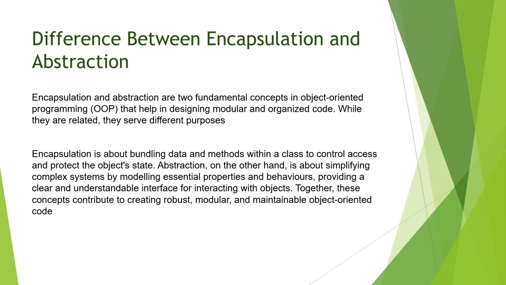And abstraction is about making things simple for the user, and the complex system should be hidden from the user or client. These are two, encapsulation and abstraction. They are very closely related, but they are two different concepts. Let's now check out the code for better understanding.